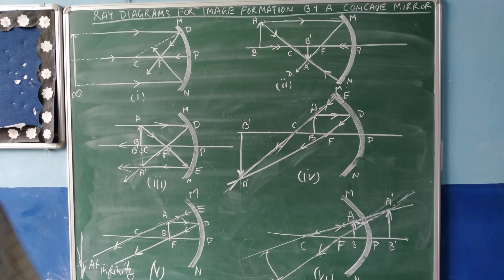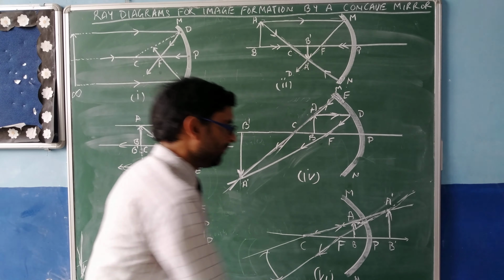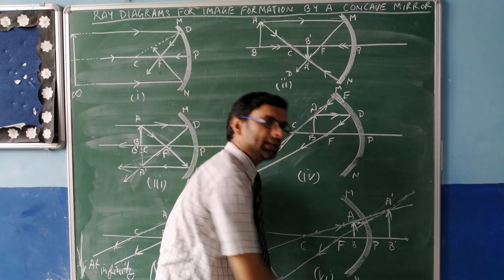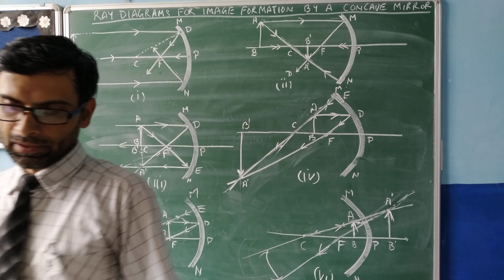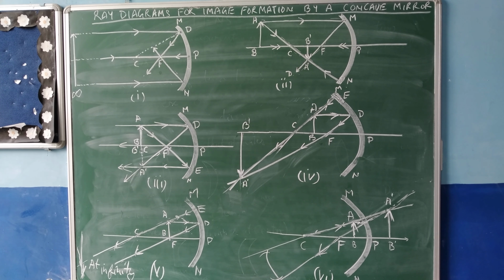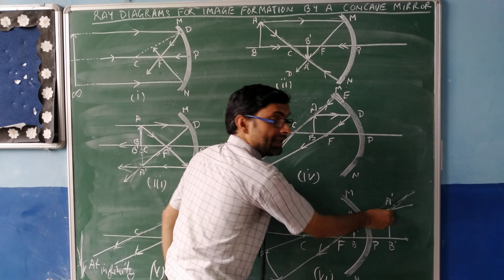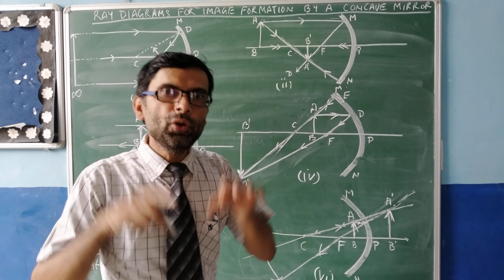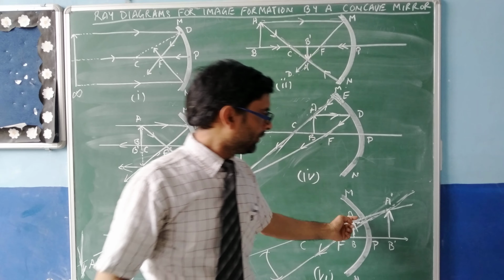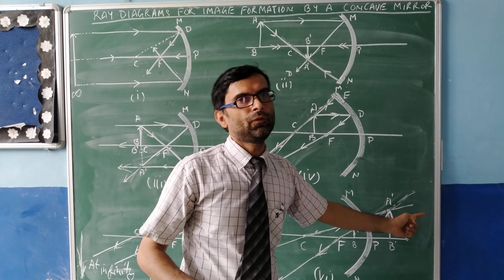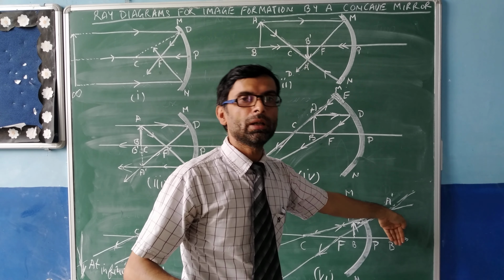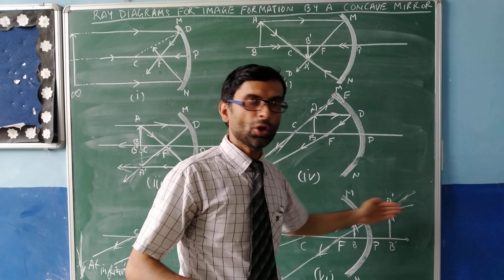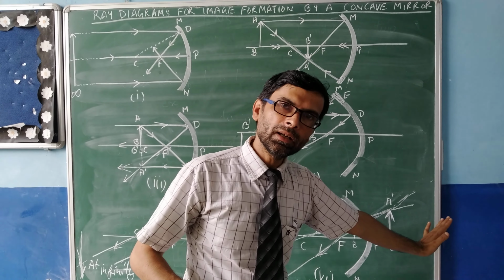And what is the nature of the image? It is erect. Means if the object is erect, the image is also erect. And one thing you also note here: these rays intersect when they are produced at the back side of the mirror, but they were actually not intersecting behind, because they cannot penetrate the mirror.